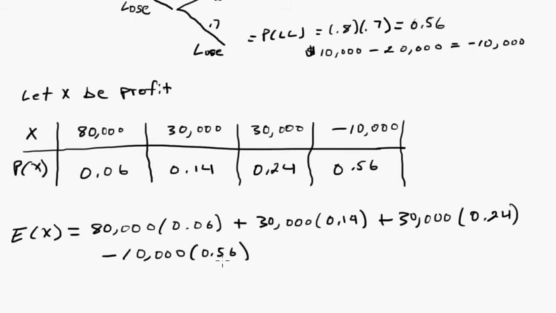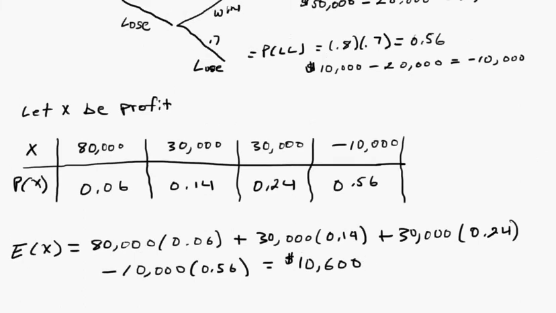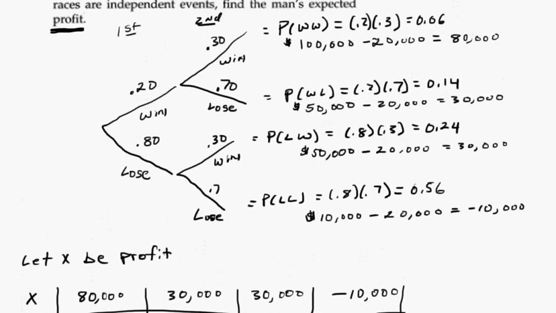You can see this has the most weight. When I punch that up on the computer, I get $10,600 is the expected amount.